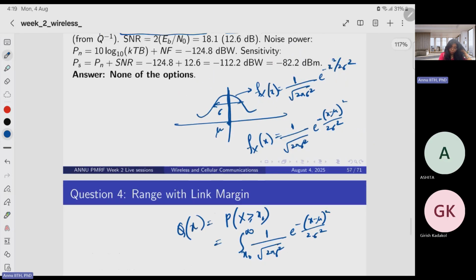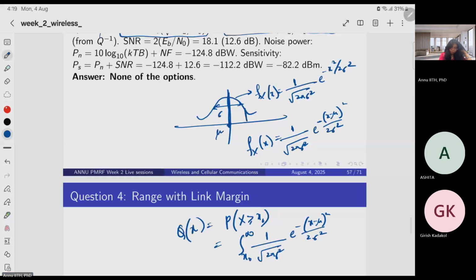X naught is any value here. Can you tell me whether it is a decreasing function or an increasing function? First of all, Q is a decreasing function. First point. Second, it is a tail distribution.